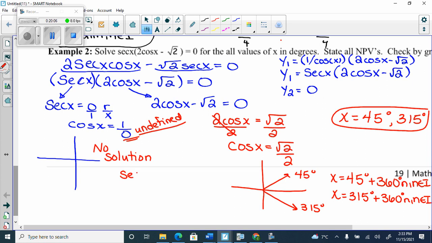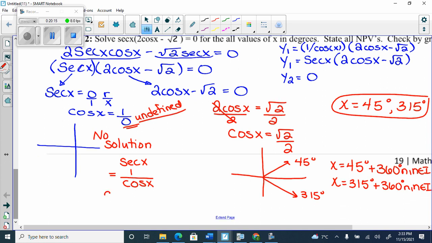Secant up there is the same as 1 over cos. So what's in my denominator? Cos x. So I have to state all the places where cos x can't equal 0, because there it's in the denominator, right? So my NPVs come from this.